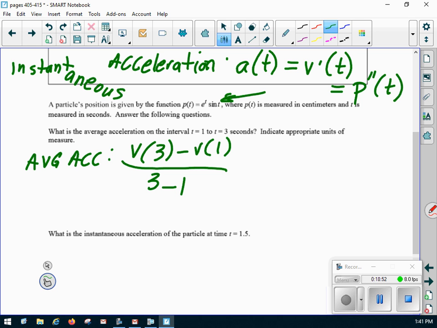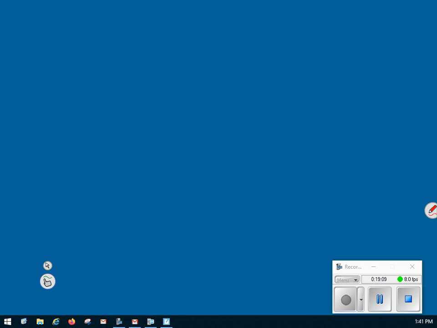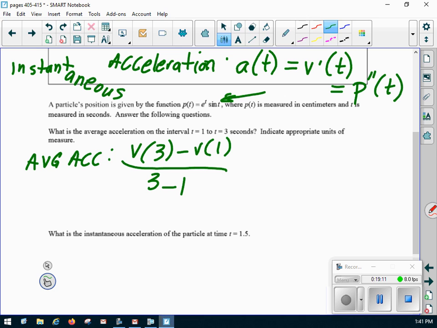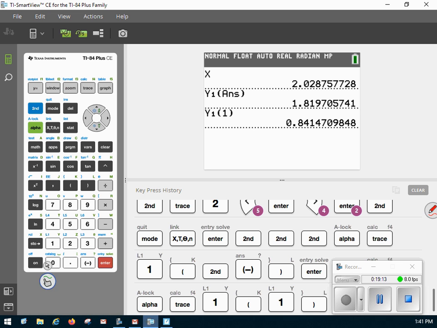So your Y2, if you have the derivative, that's your velocity, right? So evaluate that velocity function at 3 and 1. So this one's the derivative then? Yeah. See, you don't even have to graph it.